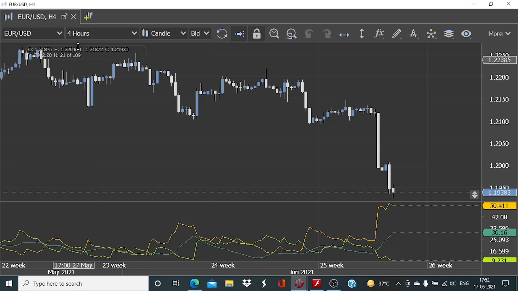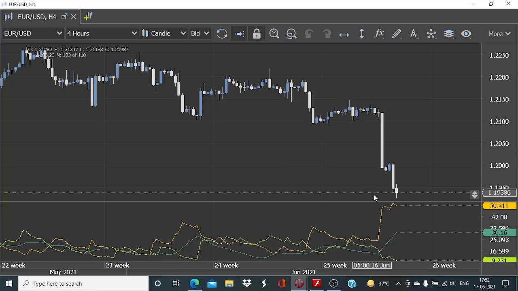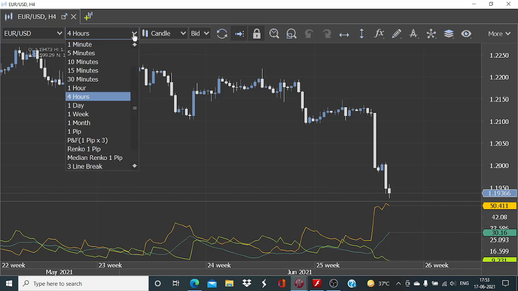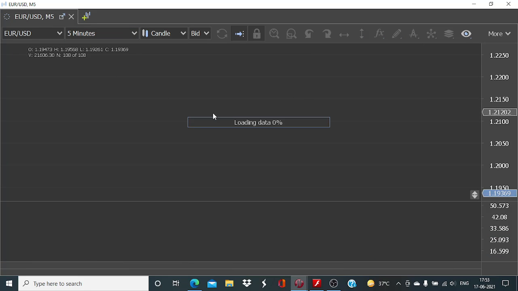This larger time frame charting of 4 hours is simply for finding the direction for the underlying instrument. So for any sell trade to take place, we need the bearish momentum for the underlying instrument, and these two DI plus and DI minus values will help us define the condition. And whenever we have DI minus above DI plus, that means the bears are having the upper hand, and this might be the appropriate time to start looking for the sell trade.